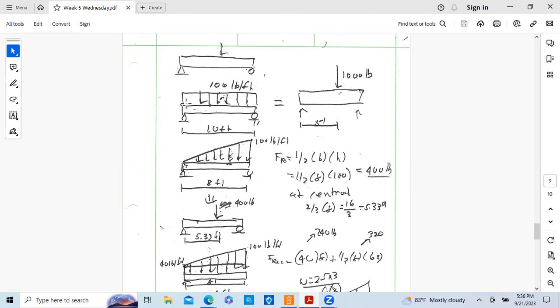There are some exceptions, but usually it's from the left to the right. So we dimension this 5 feet, 1,000 pounds. So instead of this beam, we work with this beam. Very simple to solve. Reactions here are 500 and 500. What we want to solve for are the resultant reactions. That's basically what rigid body equilibrium is about.